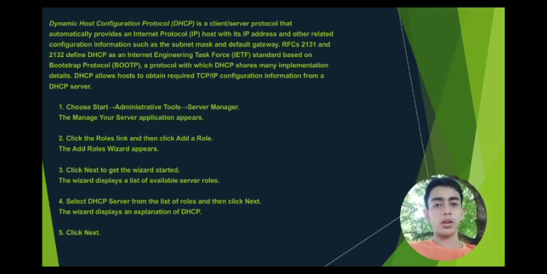So next, click next to get the wizard started. The wizard displays a list of available server roles. Select the DHCP server from the list of roles and then click next. The wizard displays an explanation of the DHCP. Then number 5 is click next.